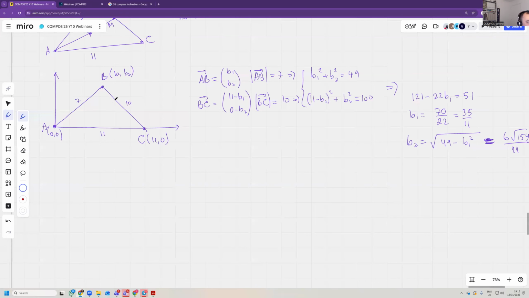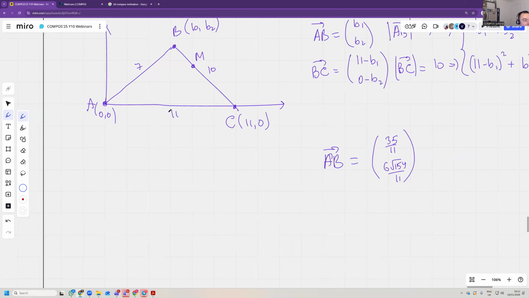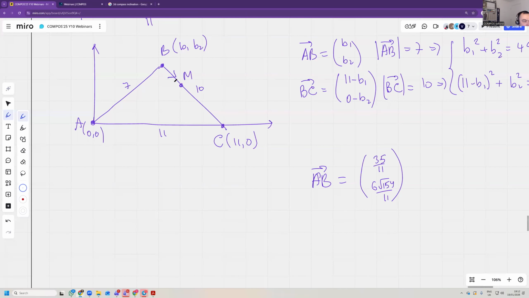All right, so now vector AB is (35/11, 6 root 154 over 11). What do we know about M? We don't know M, but we know that BM is 2/5 of BC, because BM to MC is 2 to 3.